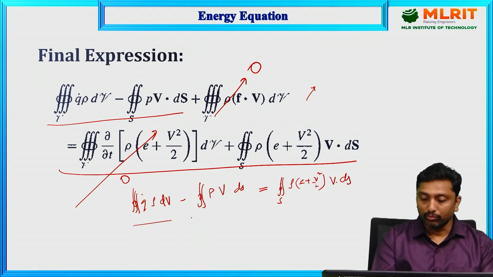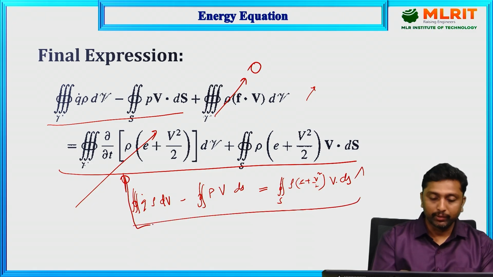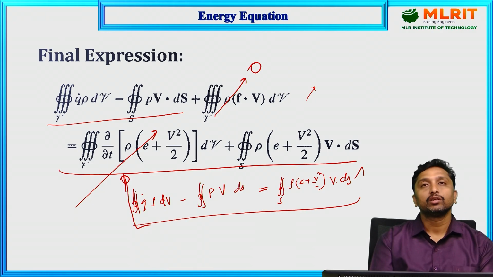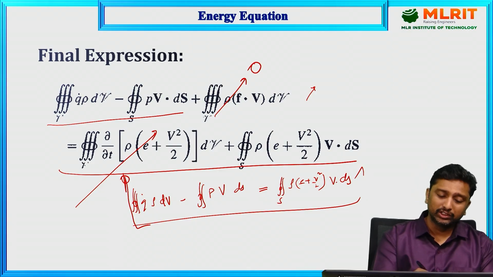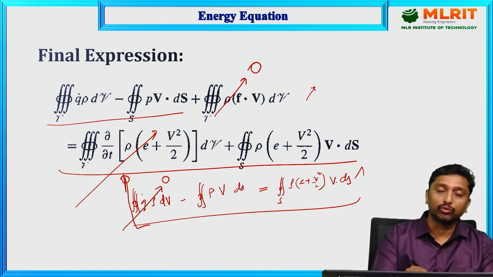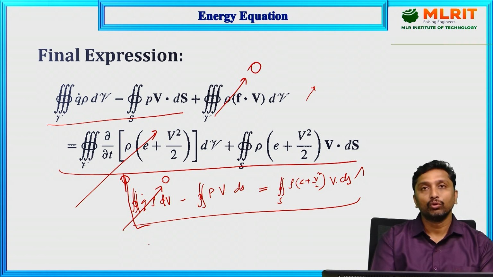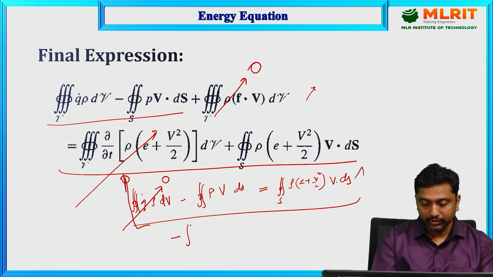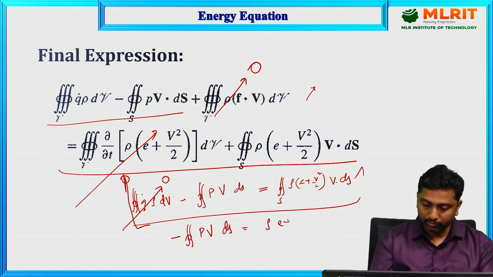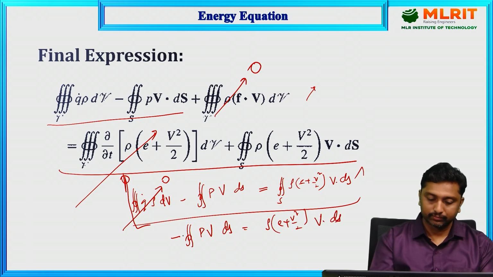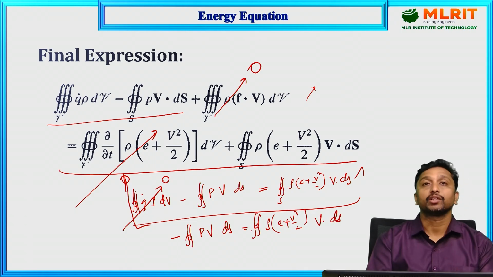This is the reduced form of energy equation for steady inviscid flow with no body forces. Now if we consider that heat added to the system is 0, that is adiabatic flow, then we can write this equation as surface integral P V dS equals rho E plus V square by 2 V dS, the surface integral.